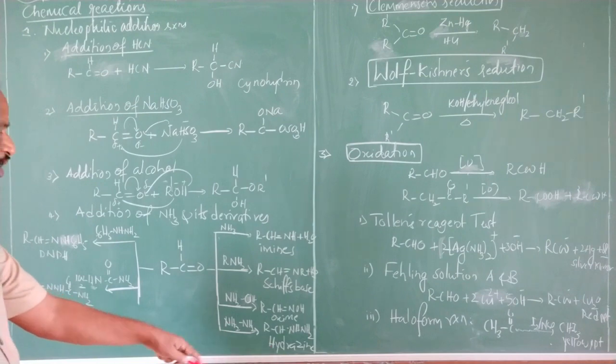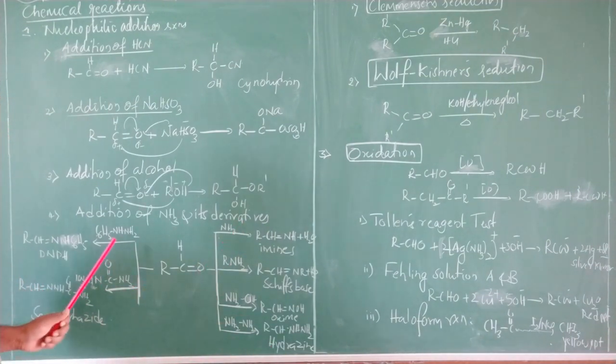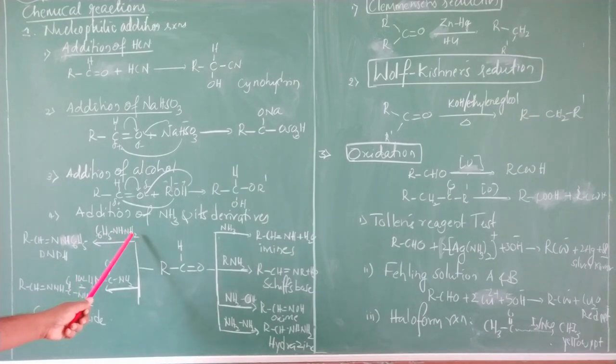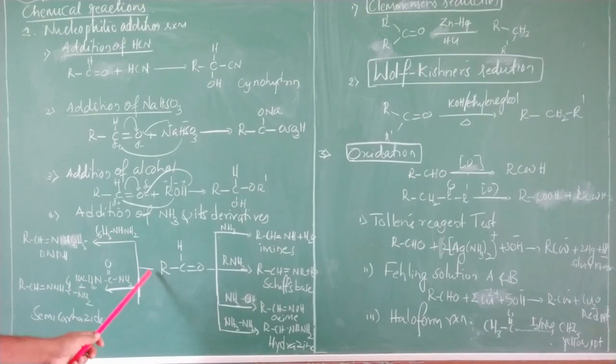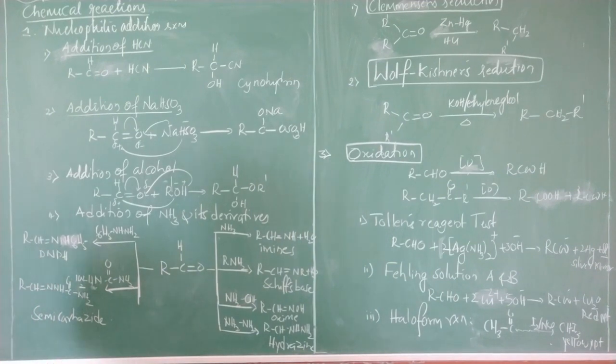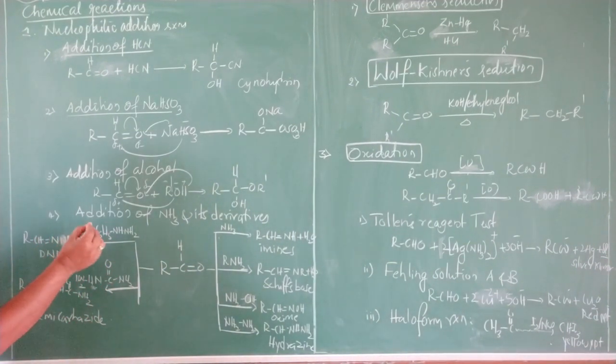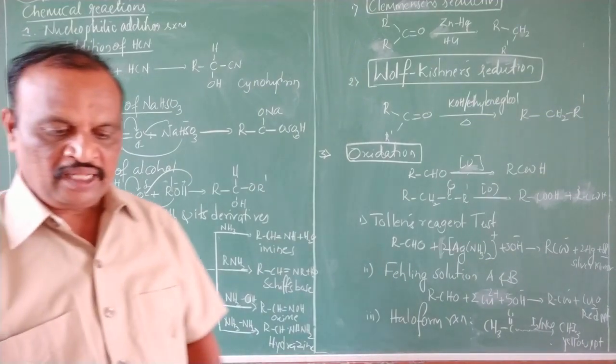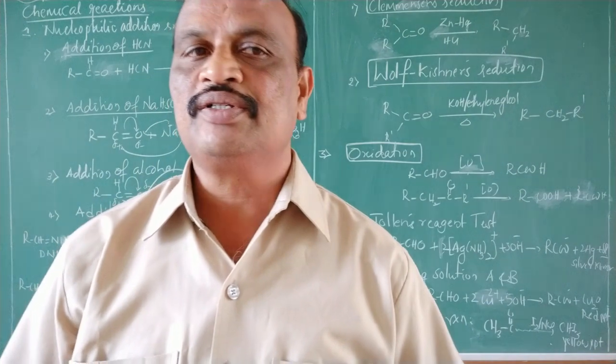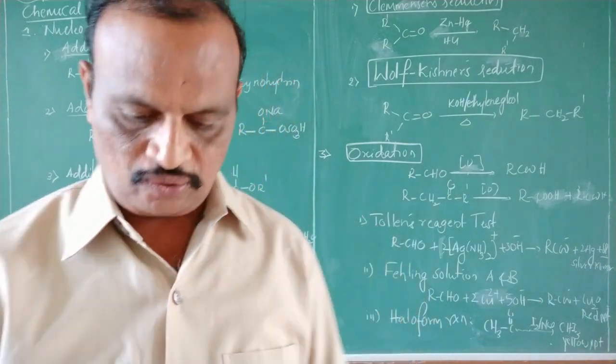The compounds are known as hydrazones. Similarly, phenylhydrazine, C6H5NHNH2, when it reacts with aldehydes or ketones forms phenylhydrazones. If you take the two nitro group substituted one, then 2,4-dinitrophenylhydrazone is formed, which is used for testing the presence of aldehydes and ketones.